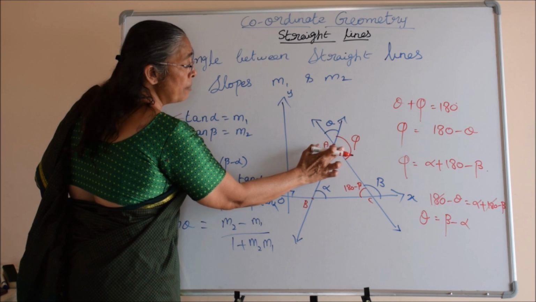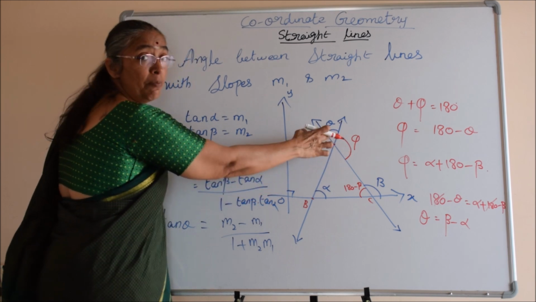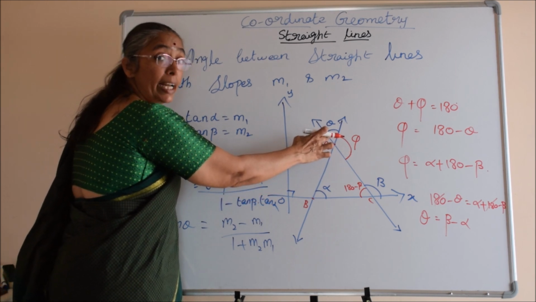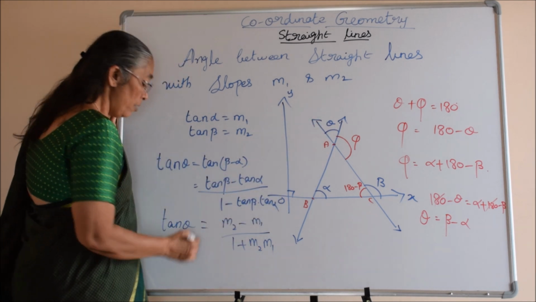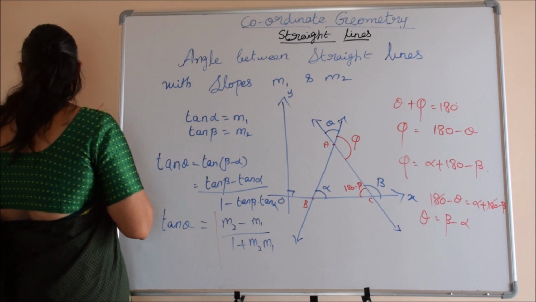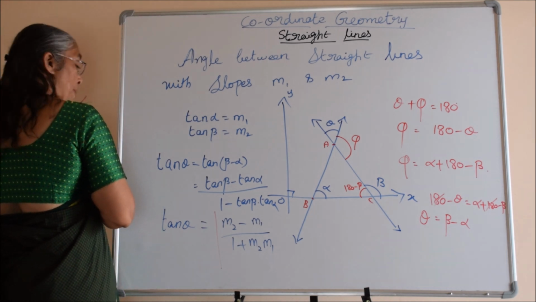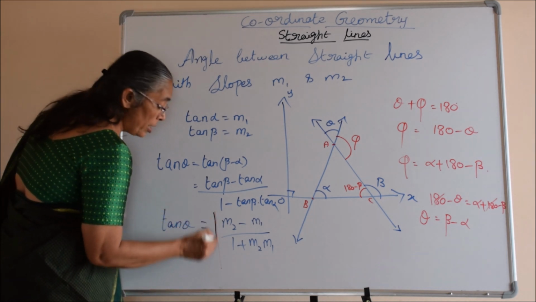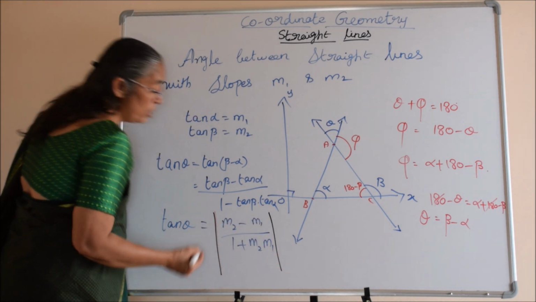If phi is acute, the angle between them will be obtuse, so you will get a negative answer. That is why we use tan theta is equal to the modulus of m2 minus m1 by 1 plus m1 m2. The modulus includes both negative and positive values.